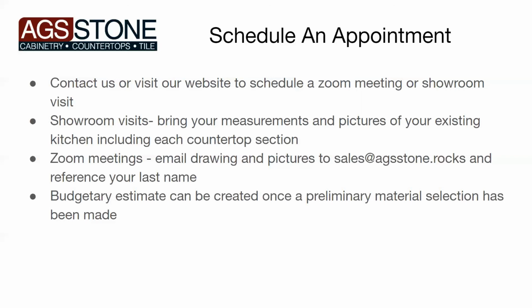They don't necessarily have to be your final ones. But when you leave, we'll have enough information to put together a preliminary budget that we then can email you, and within a short period of time, you'll have at least an idea what this project's going to cost and whether it makes sense to pursue it with us.